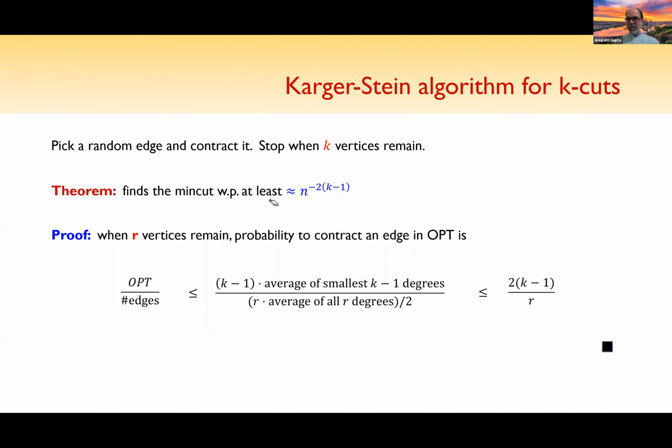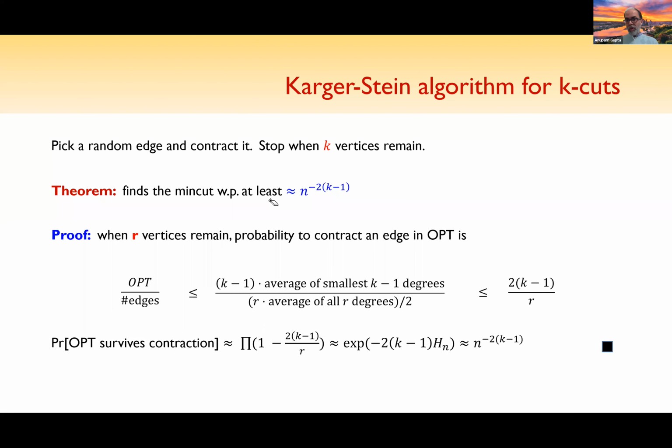So this becomes something like 2 times k minus 1 over r. And don't worry too much about the fact that r might be smaller than k, or rather smaller than 2k, and so on and so forth. This is an impressionistic proof. It can be made formal, but I don't want to. So this is the probability of screwing up at the rth step, that you contracted an edge which actually belonged to the cut.